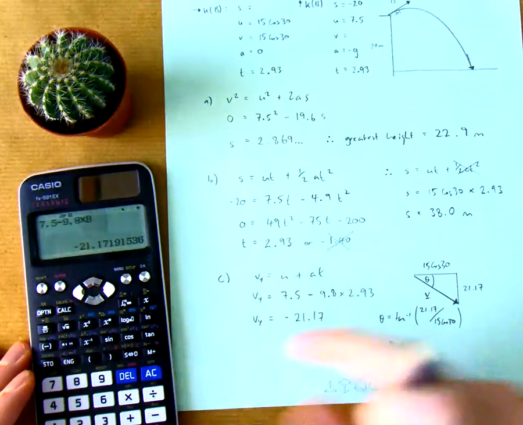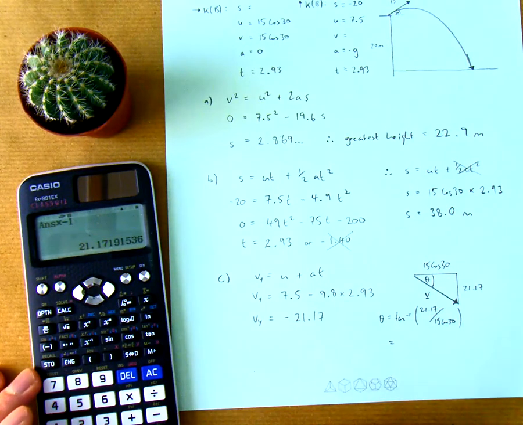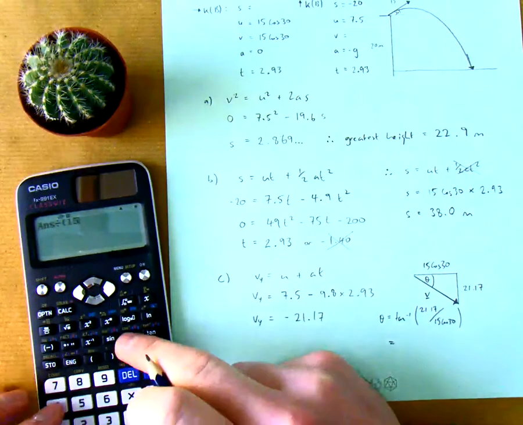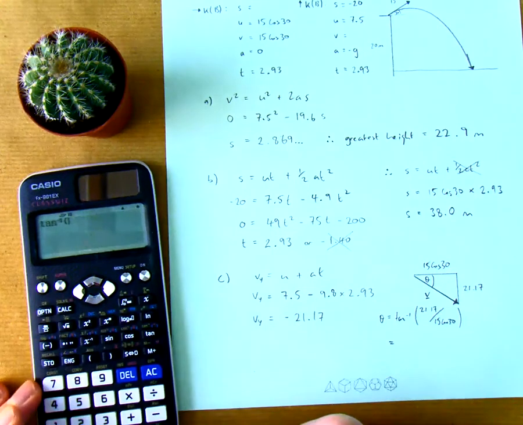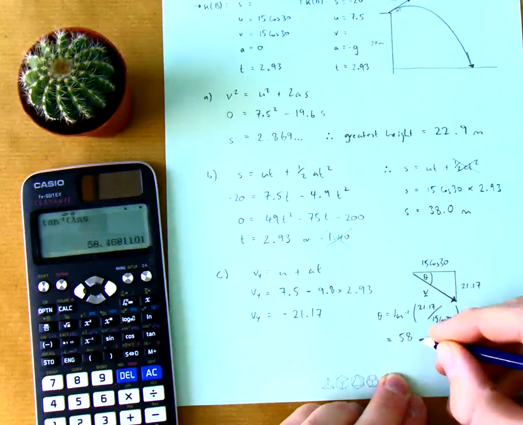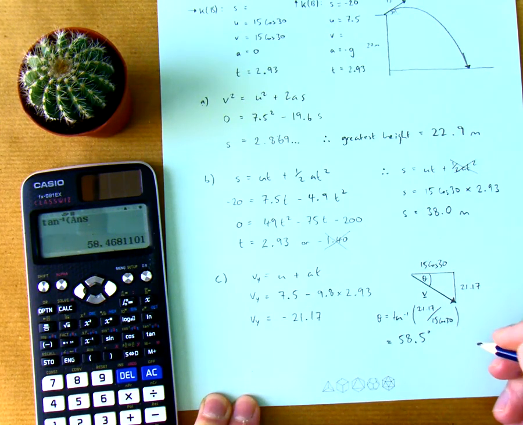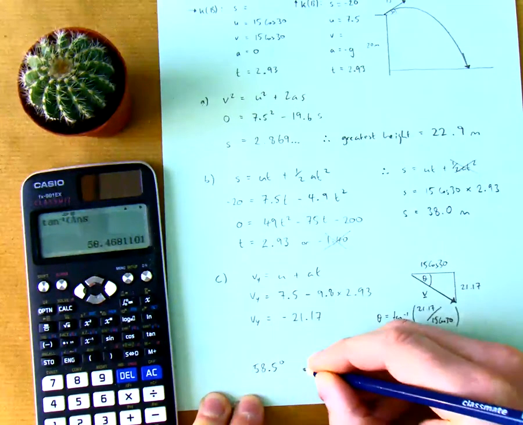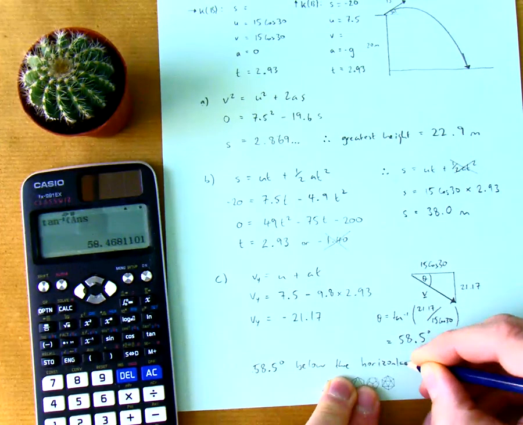If I leave that negative here, I'm going to get a different angle, so I need to times that by -1 to make sure I've got 21.17. Divide by 15 cos 30, and then inverse tan of my answer gets me 58.4 degrees, 58.5 if it's rounded. So therefore the direction of the ball as it is moving with the greatest speed is 58.5 degrees below the horizontal. Perfect.